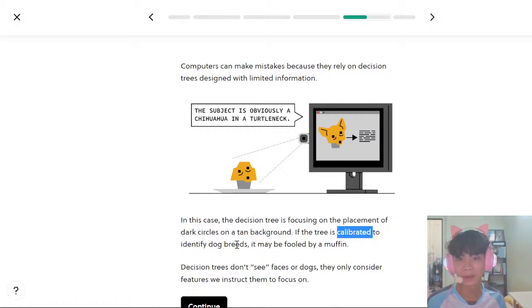So it may be fooled by a muffin. This is a muffin. Our computer is fooled by a muffin.